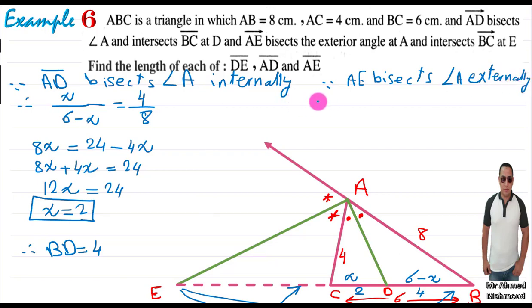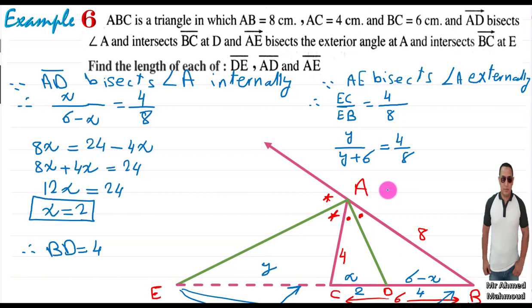Therefore EC over EB equals 4 over 8, AC over AB. Okay, let AC equal Y, so this will be Y over Y plus 6 equals 4 over 8, and so I will make a cross multiplication.